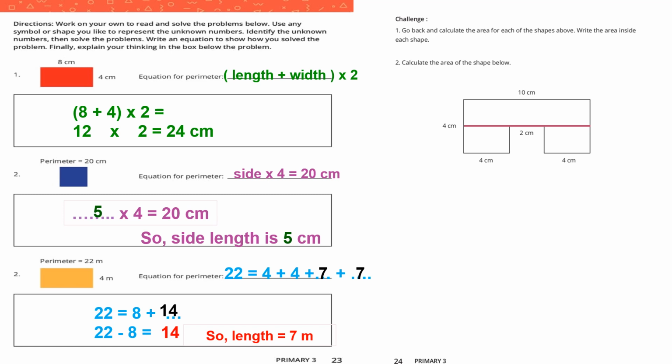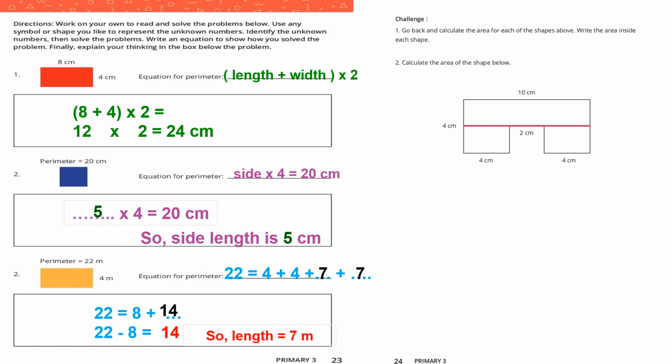So I will find the area of this rectangle, and this rectangle, and this rectangle, and add all of them together. Let's find the unknown sides. This rectangle, I know just the length, I don't know the width.